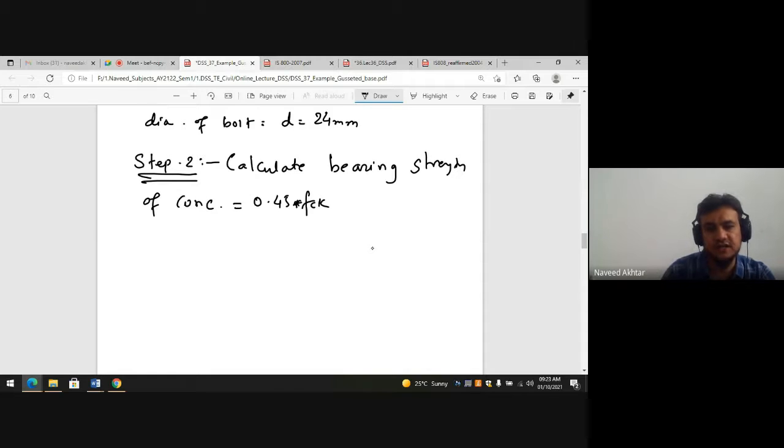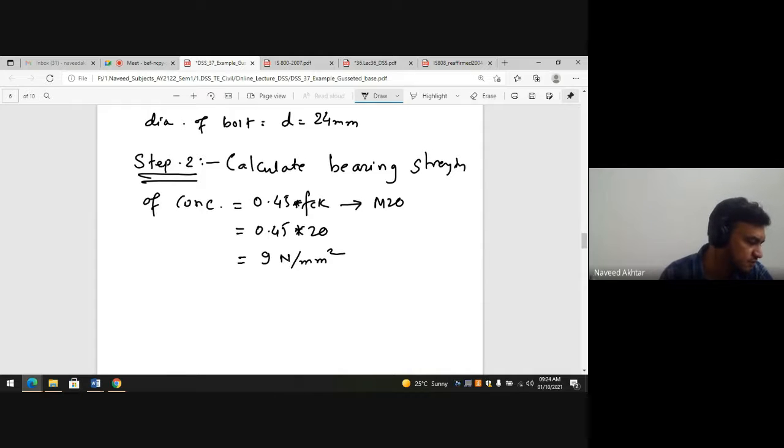M20 grade is there, so for M20 grade, FCK will be 20 Newton per mm square. So 0.45 into 20 is 9 Newton per mm square, the bearing strength of your concrete.